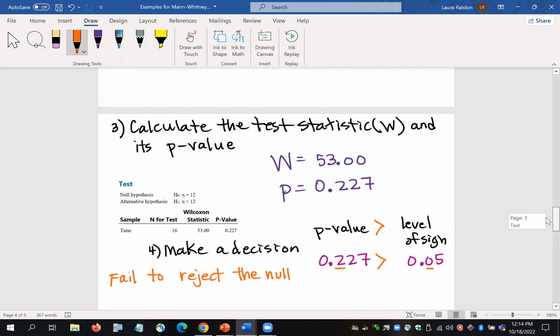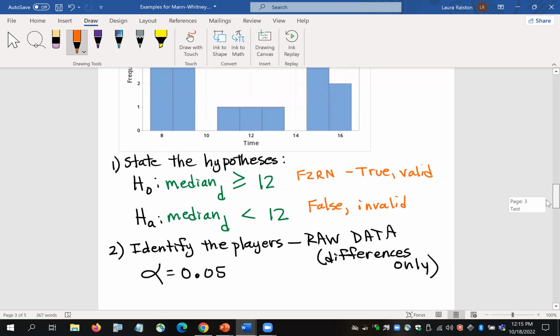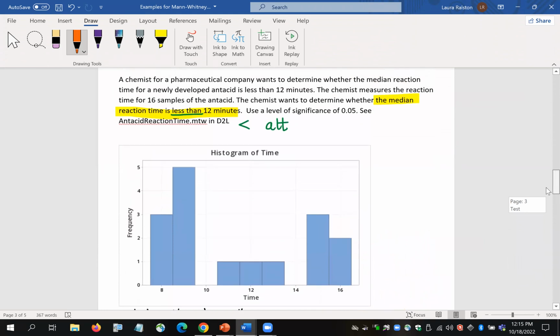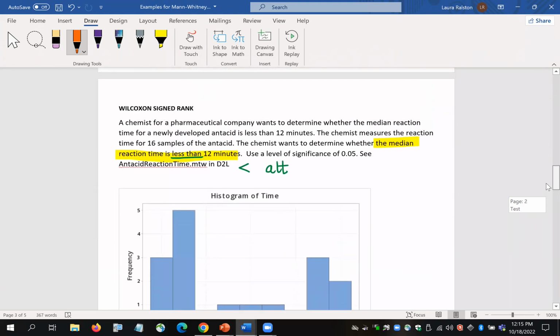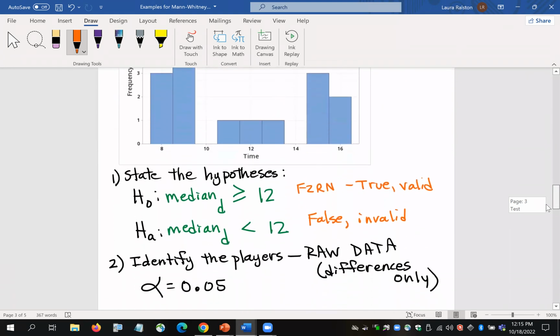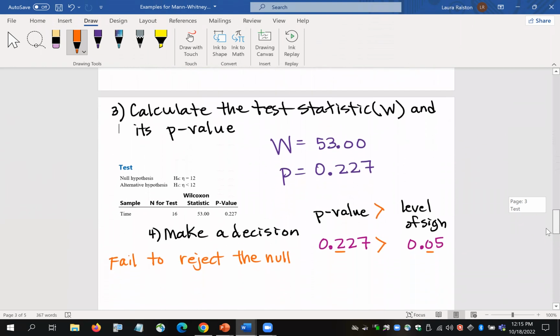If we fail to reject the null, that means that the null is true or valid, and my alternative would be false or invalid. So what we've proven is that the median reaction time is not less than 12 minutes like the chemist hoped. According to the data we have, it's actually equal or greater to 12.